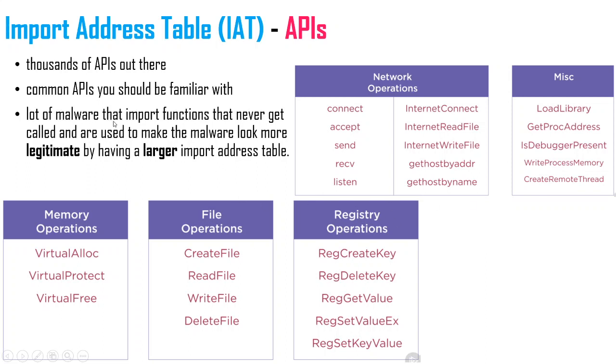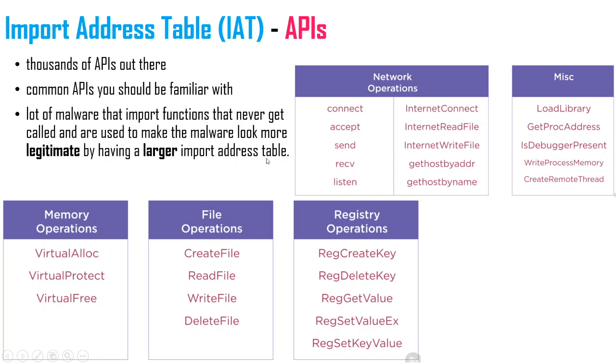So a lot of malware import functions that never get called. So say for example, if a malicious file is getting executed, it consists of a number of APIs. This is because it should look like a legitimate file. They have been used to make the malware look more legitimate by having a large import address table.